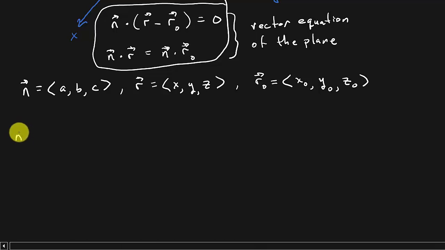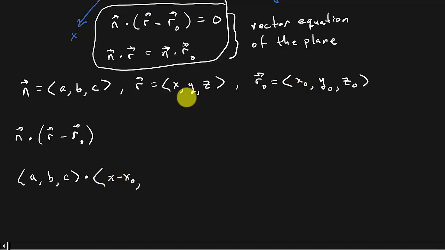So if I do the dot product of these two, that's going to be the dot product of A, B, C dot, now what's R minus R0? Well, that's X minus X0, Y minus Y0, and Z minus Z0.